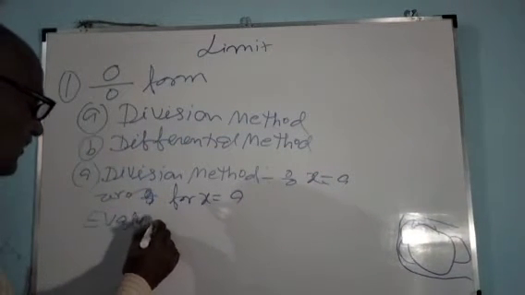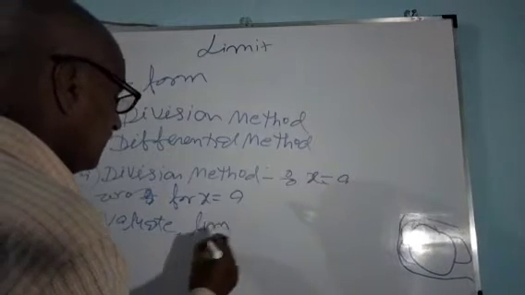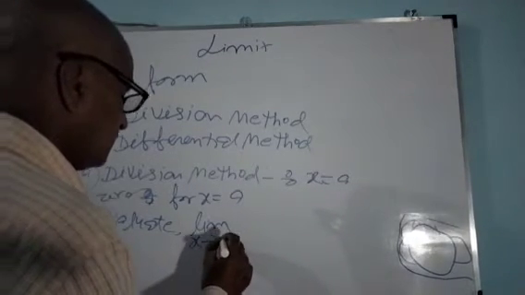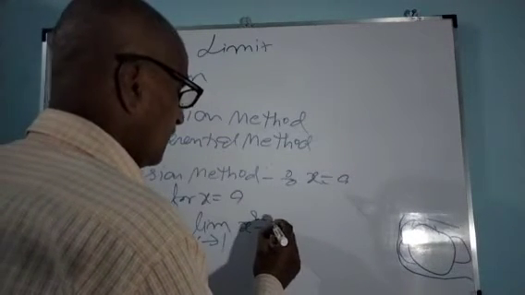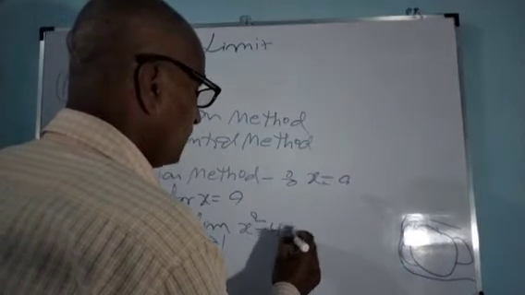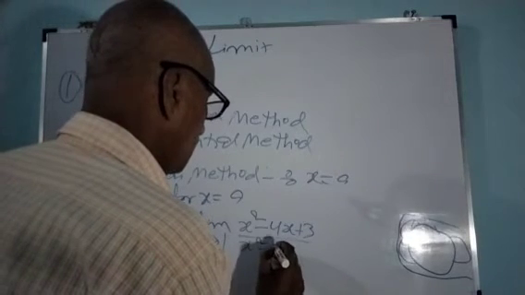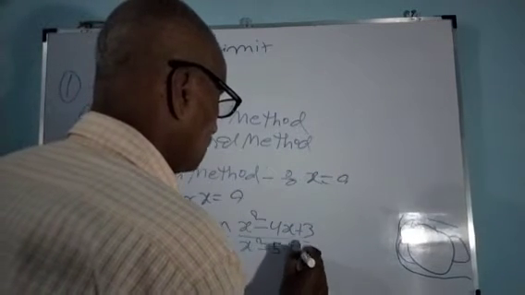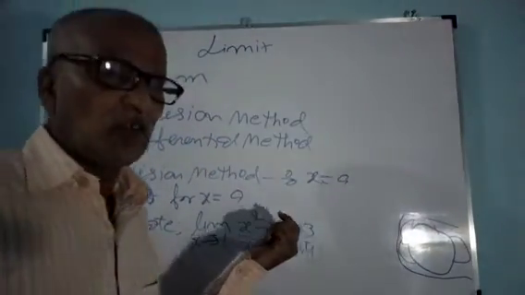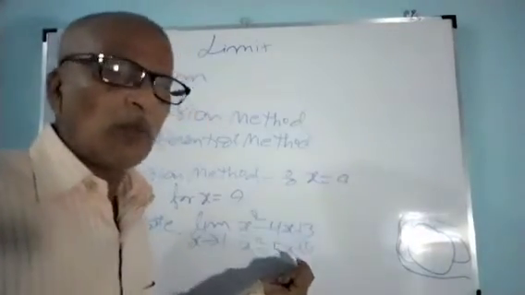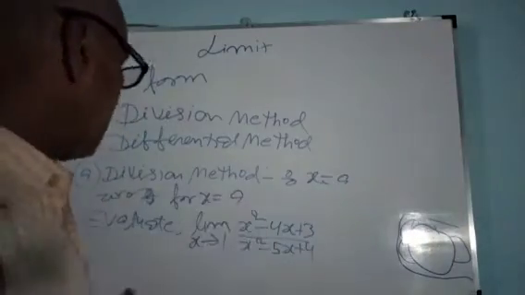Evaluate limit x tends to 1, (x square minus 4x plus 3) by (x square minus 5x plus 4). Here we factorize the numerator and denominator by splitting the middle terms. We know this. What do we see here?